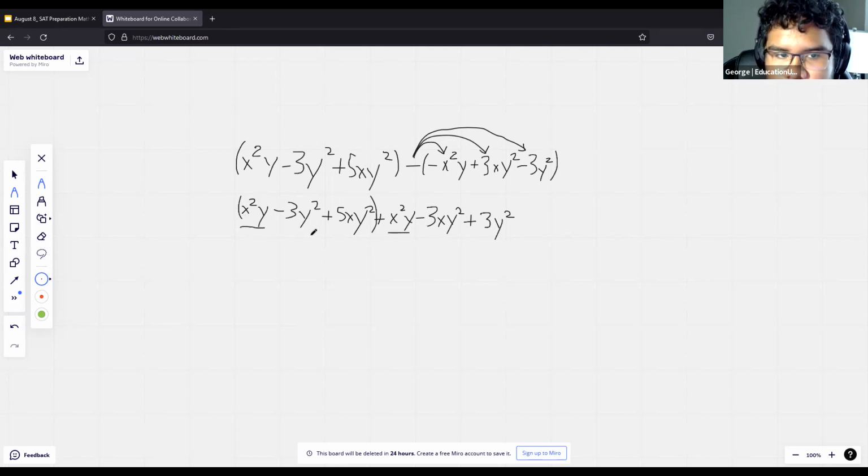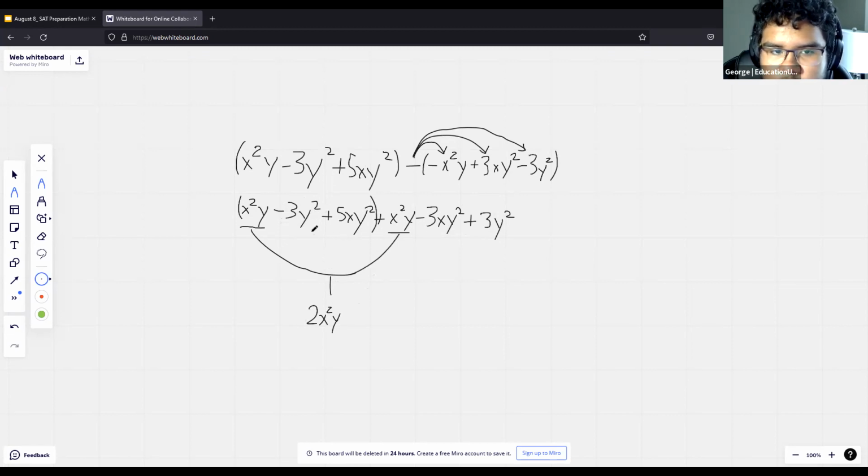So we see these two terms, and what you can do is combine them. Since we have a positive x squared y here and another positive x squared y that's being added, this simplifies down to 2x squared y. And then let's look at the next term we have here, -3y squared. To find like terms for this one, you have to look for any one of these values here that ends in a y squared.